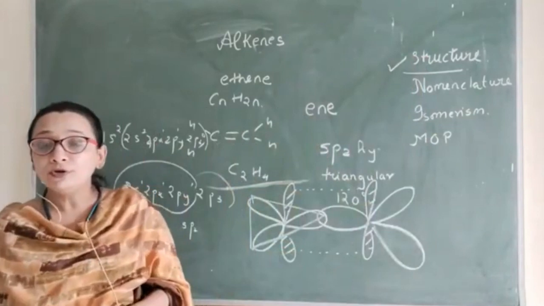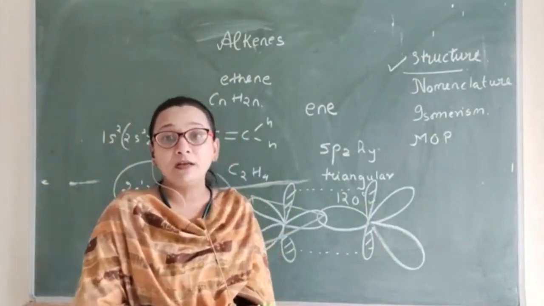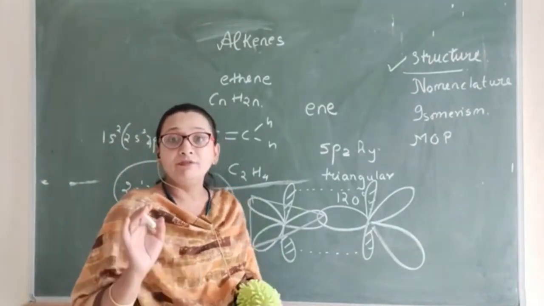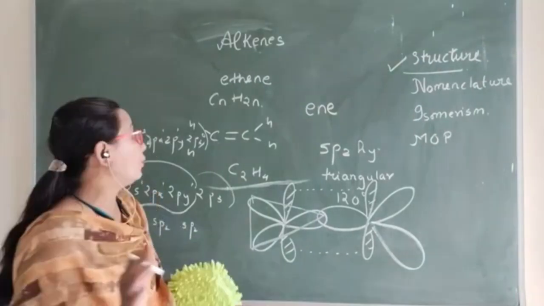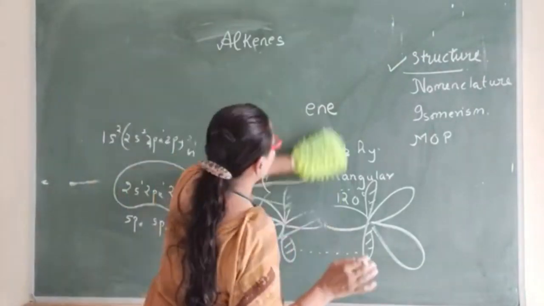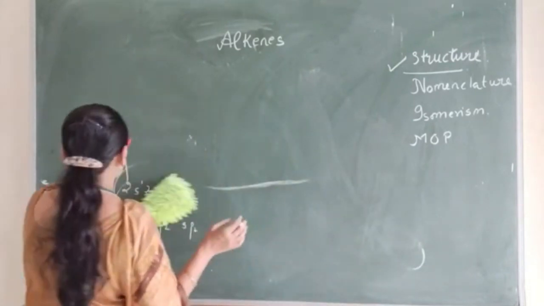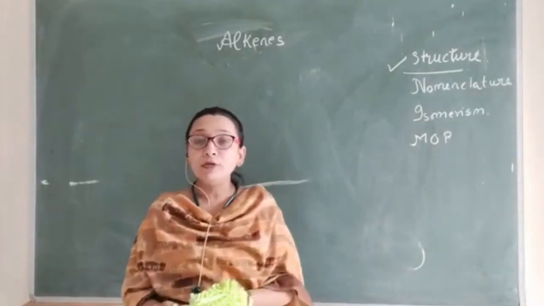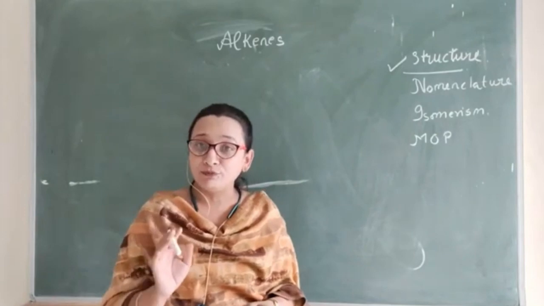We move on to the next point, which we had taken in our live class on IUPAC nomenclature in detail, that is the nomenclature of alkenes. There is nothing very new here, because we have already discussed nomenclature before.